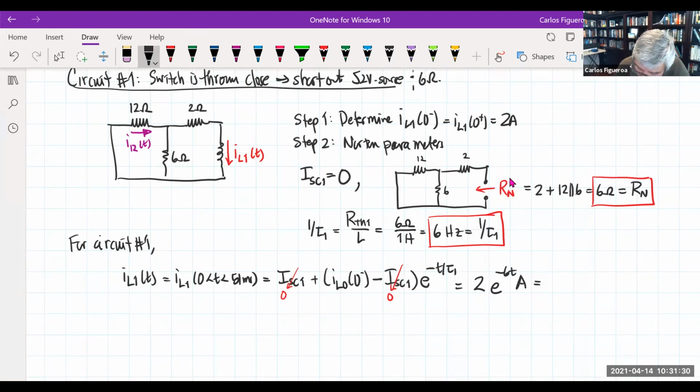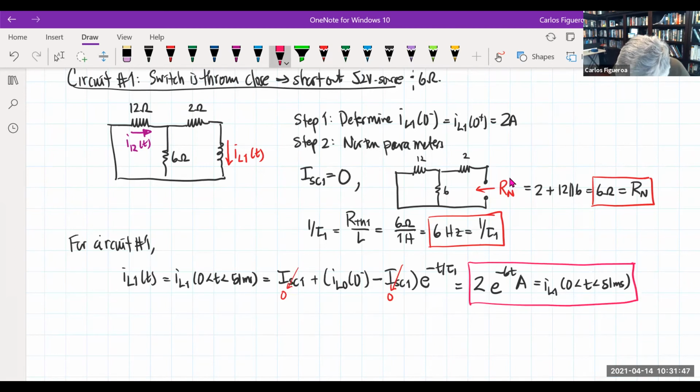So this is IL1 between 0t and 51 milliseconds. So I now have the current of the inductor for this time interval. That solution's only valid for that time.